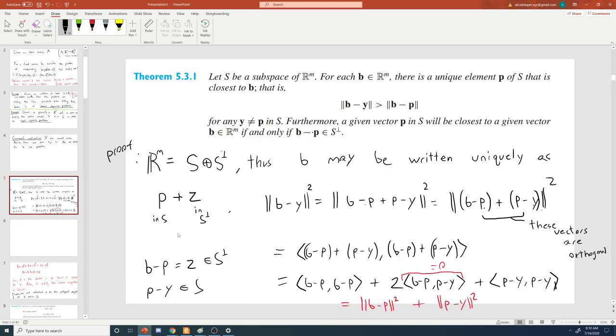It shows that the element in S that is closest to B is precisely the term P that appears in the direct sum decomposition of B according to these two subspaces. And so this is going to be one of the lemmas we use to understand what's going on.